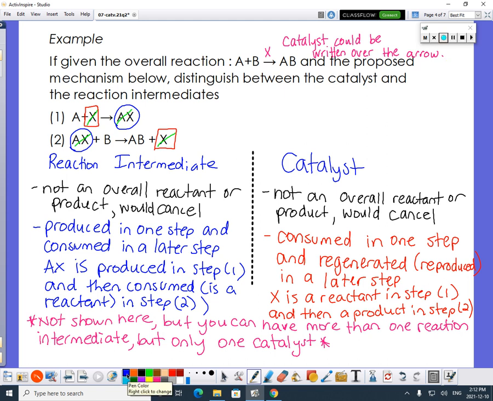Okay, and then the rest of the note is basically just definitions.